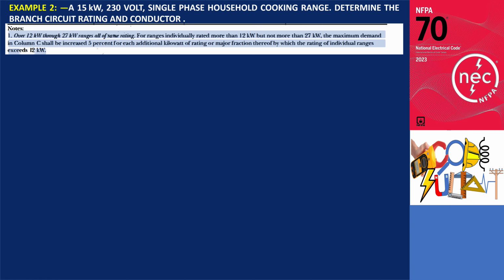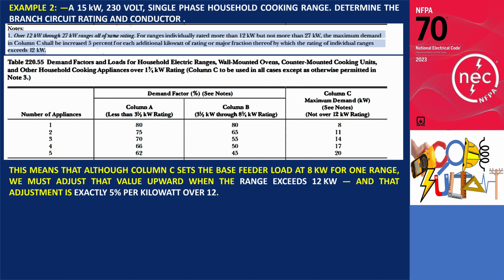rating exceeds 12 kilowatts. This means that although column C sets the base feeder load at 8 kilowatts for one range, we must adjust that value upward when the range exceeds 12 kilowatts, and that adjustment is exactly 5% per kilowatt over 12. Applying this to our example, we subtract 12 kilowatts from the 15 kilowatt rating, leaving an excess of 3 kilowatts.